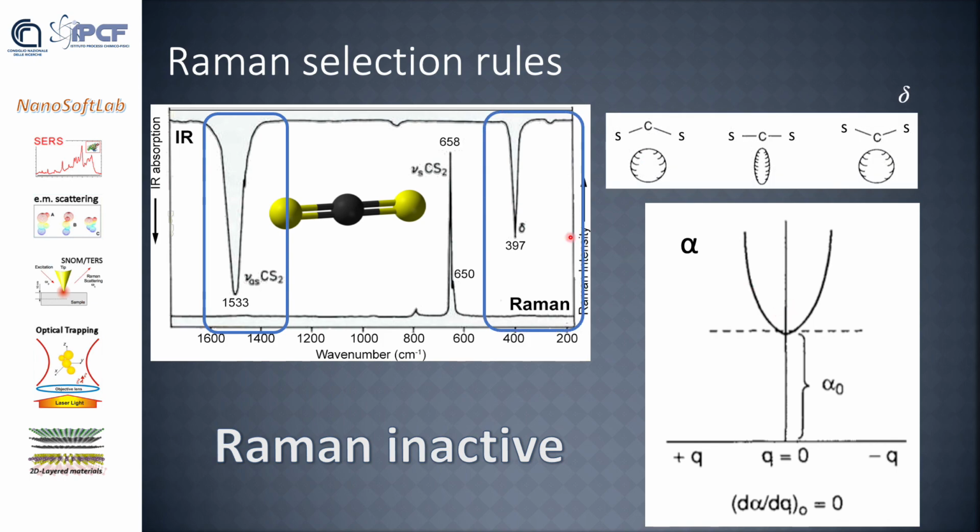This is the same for this bending mode. Again, we have a parabolic dependence of the polarizability with respect to the normal coordinate, and as well there is no net change between the polarizability in these two positions of the normal coordinates. So since the net change is 0, the derivative is 0, and so this mode will also be Raman inactive.